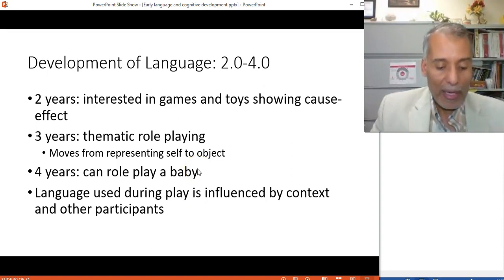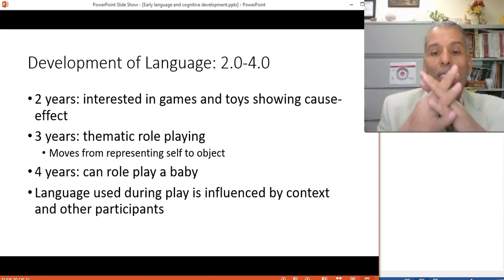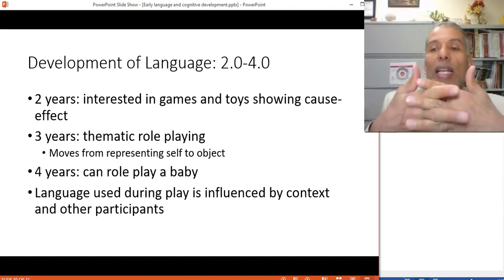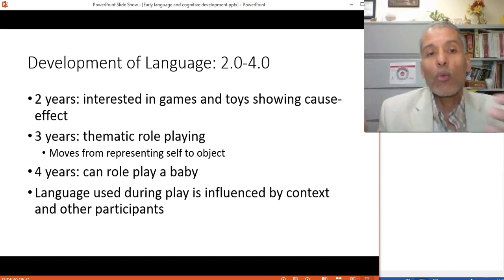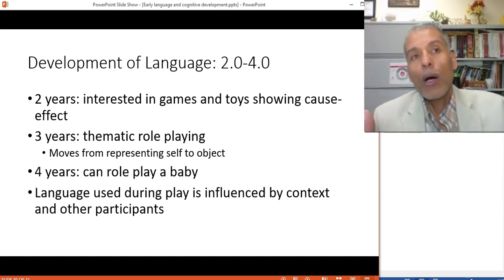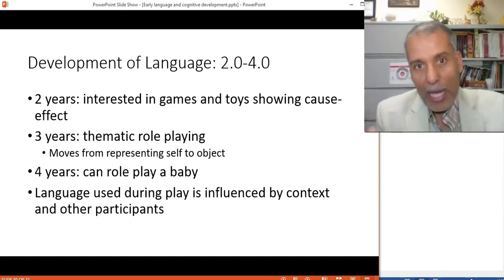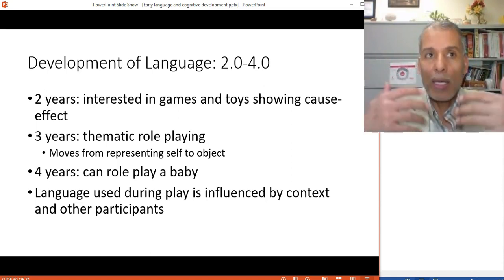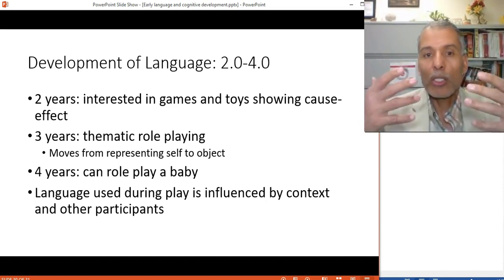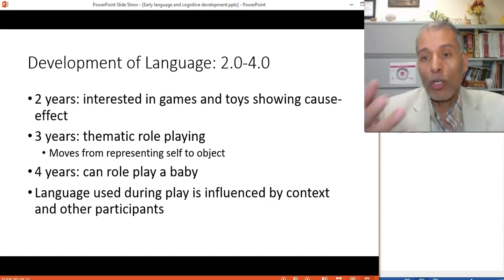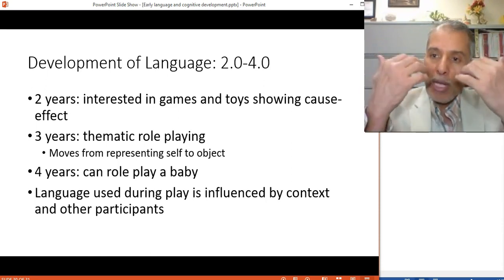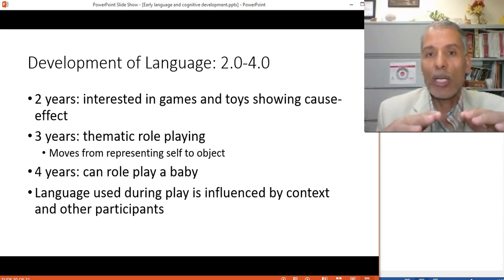So we end here, and I hope that you found in this lecture that I explained the milestones of language and cognition, and more importantly, how they interconnect and how language serves as a means to convey thought and feelings and emotions, and it also serves as a tool to build cognition as well.